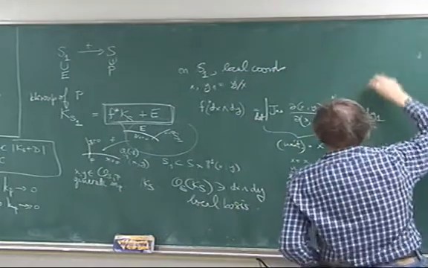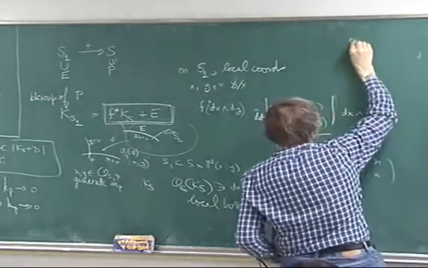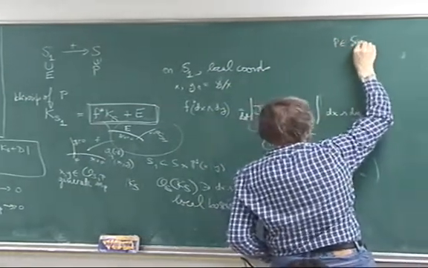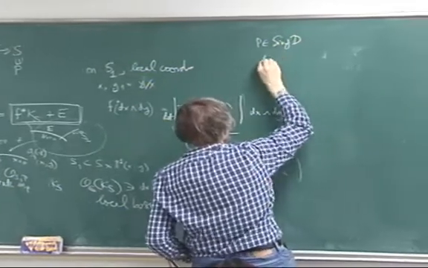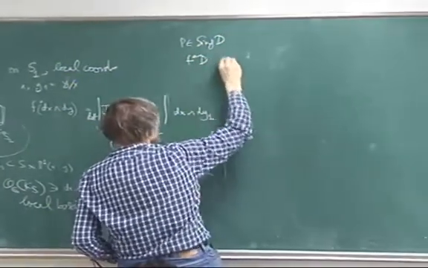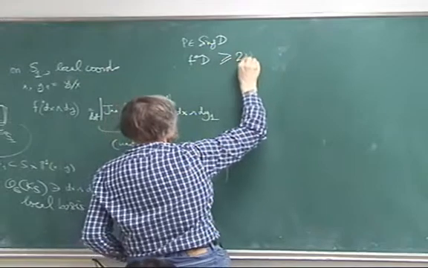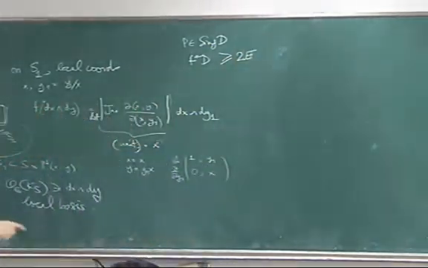So at the same time, remember that I'm assuming that P is a singular point of D. So when I do f upper star of D, it contains two copies of E. Right?